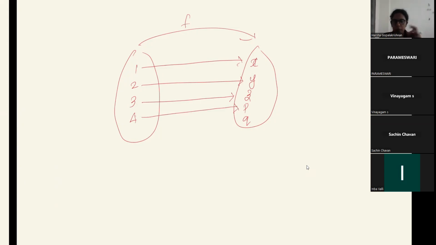Now, by the definition, f is a map from A to B, and every element in B should be mapped under f.